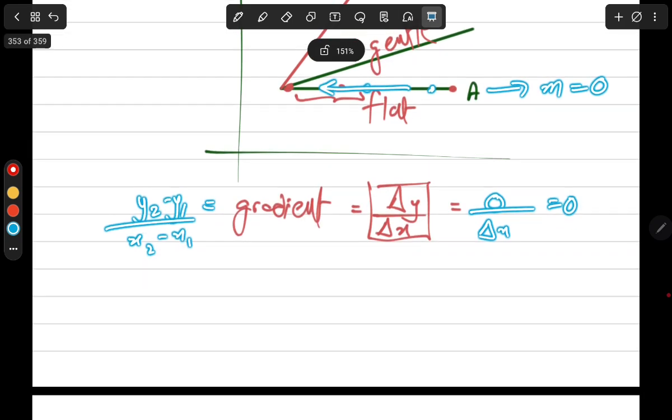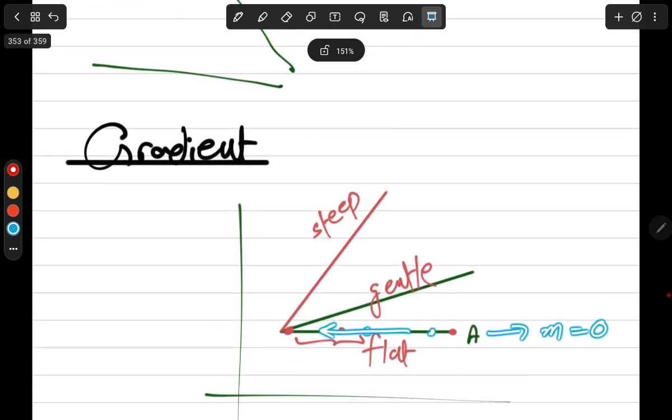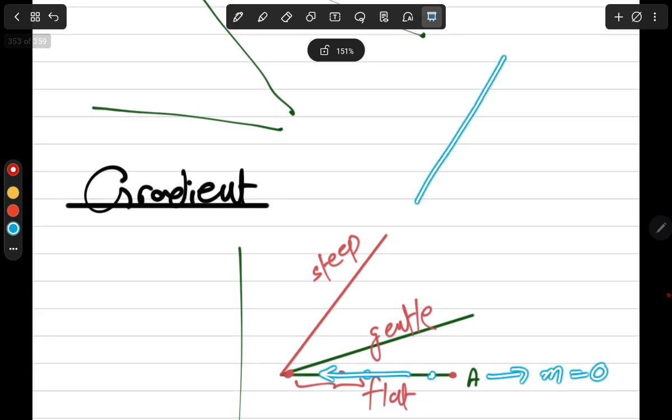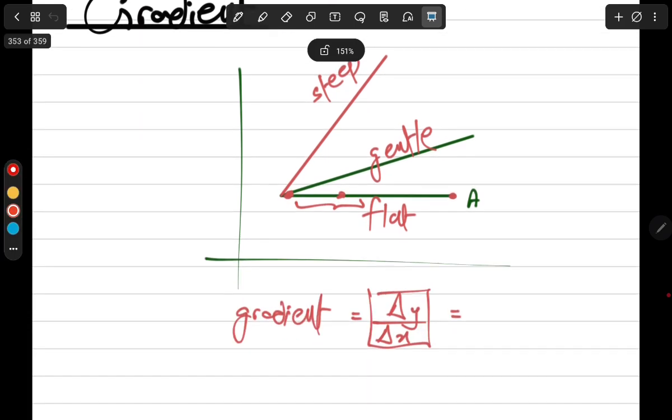Now you can do y1 minus y2, but then you have to take the corresponding value as well, right, for x1. So if it is y1 minus y2, then in the denominator you have to write x1 minus x2, because signs really matter in gradients, right? Because the sign change flips this steepness into this steepness, completely opposite, right? So we have to make sure that we are not confusing that.